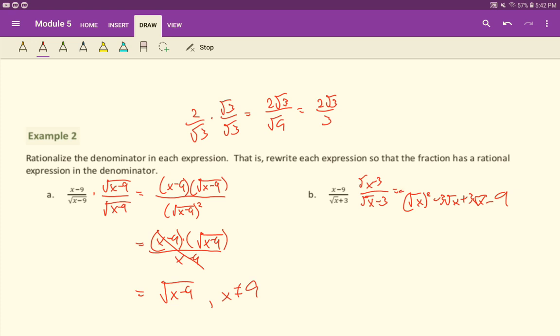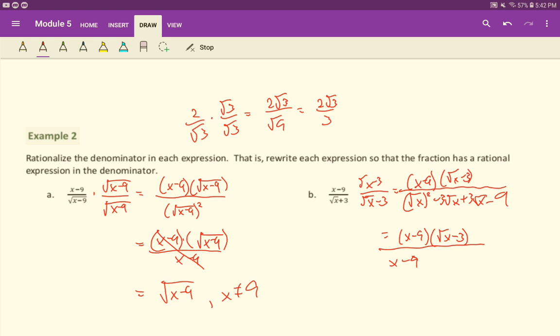Okay, like so. And then in the numerator, we have to distribute this out too. I'm just going to leave it like this for right now. Okay, so x minus 9 times root x minus 3 over x, and then the minus 3 root x and the plus 3 root x cancel, and we have a minus 9.